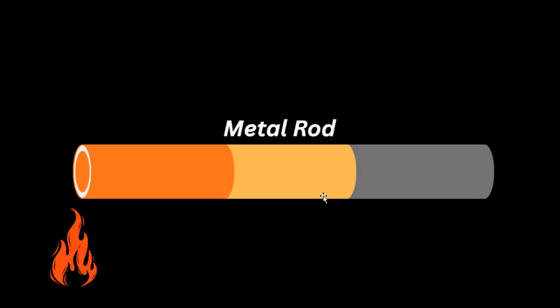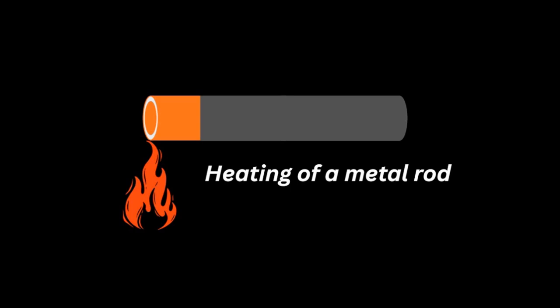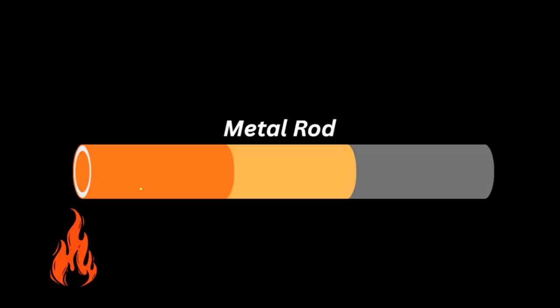For example, we know that heat energy is transferred from a higher temperature to a lower temperature. So obviously during the initial stage, when the rod is getting heated initially, the first region, which is close to the heat source, will be at a higher temperature.